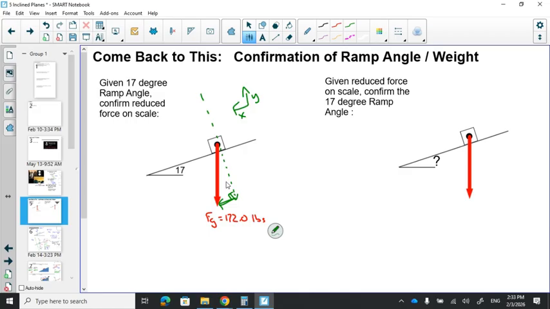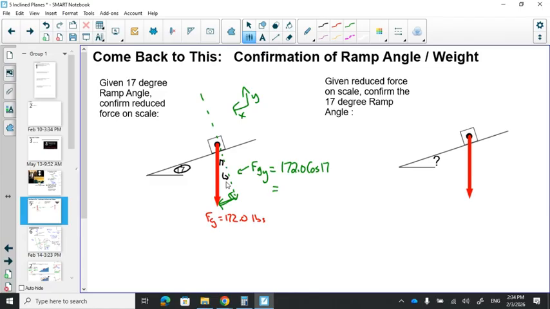And so really here, we're just going to say, okay, well, FGY is what? Well, that 17 right here translates to be this 17 right there. And so we're looking at an adjacent side, right? And so we're going to be looking at 172 cosine of the 17.